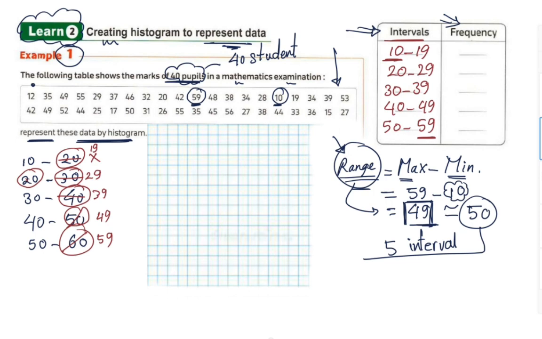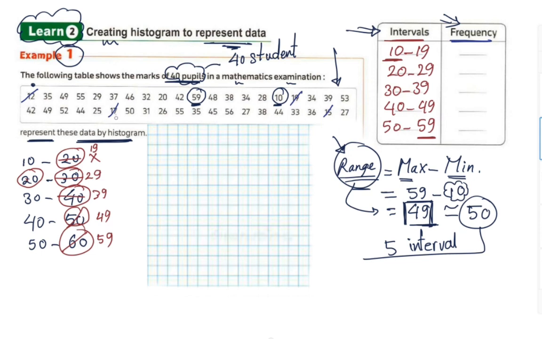What is the frequency now? Frequency from 10 to 19. How many degrees here from 10 to 19? From 10 to 19 we have 12, 19, maybe 15, and 17. How many?